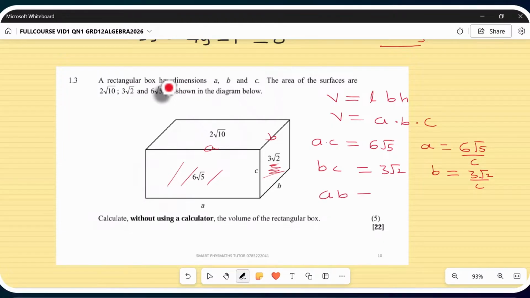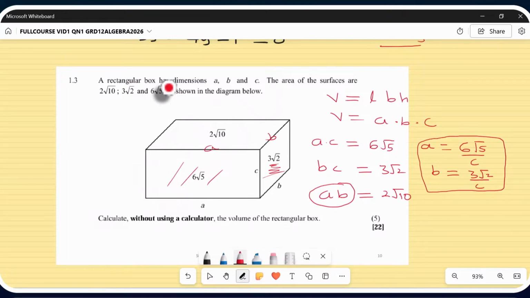My A is 6 root 5 divided by C. What about my B? It is 3 root 2 divided by C. Okay. So from here, my 2 root 10, if I simplify this now, I can get my C.